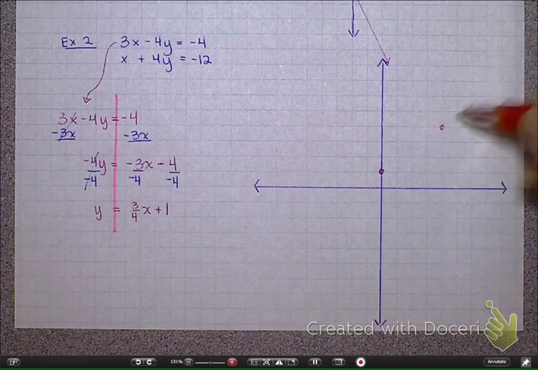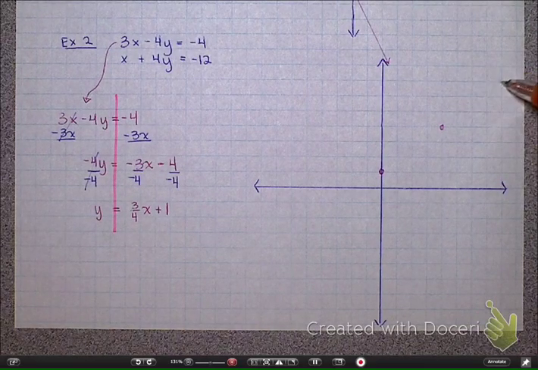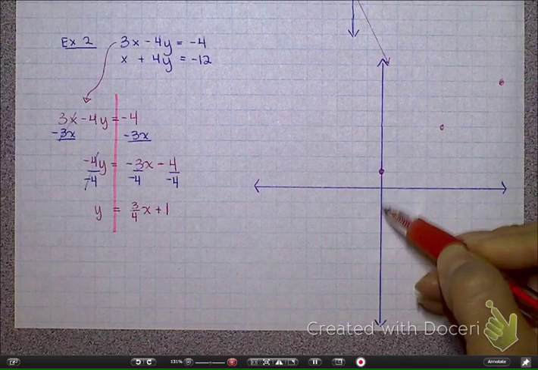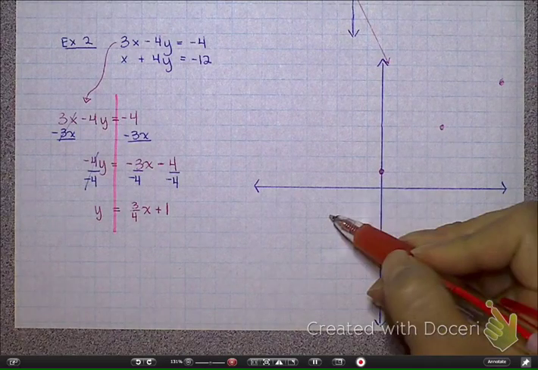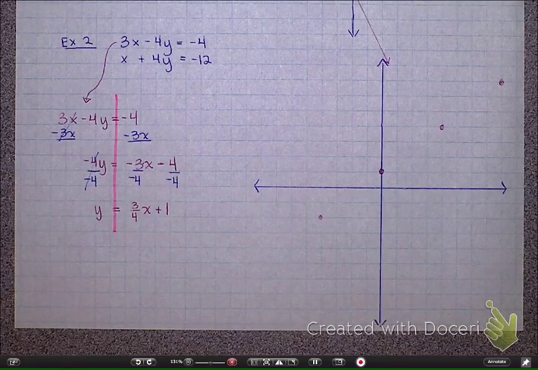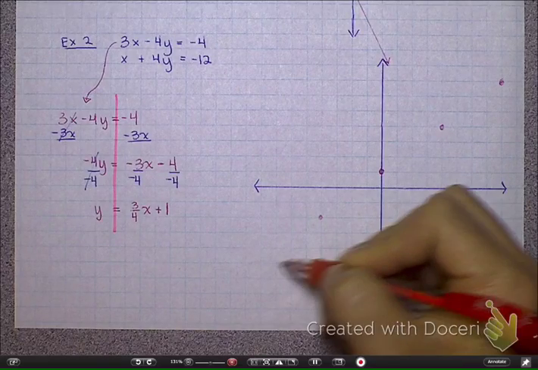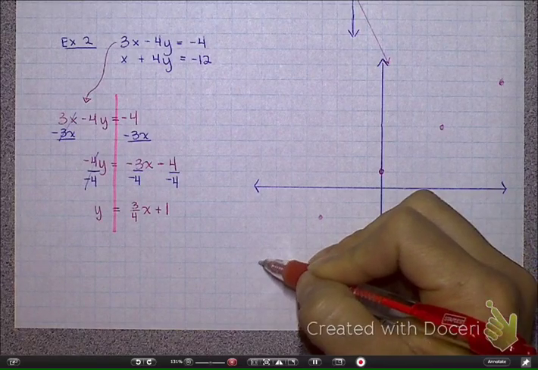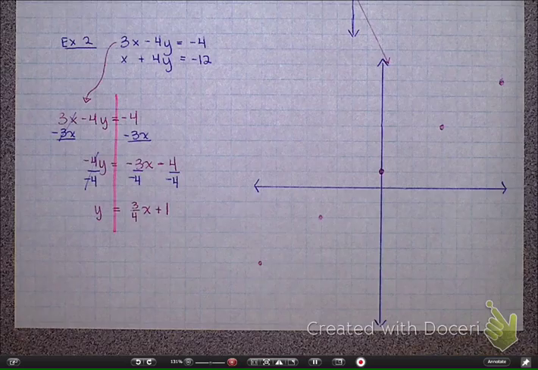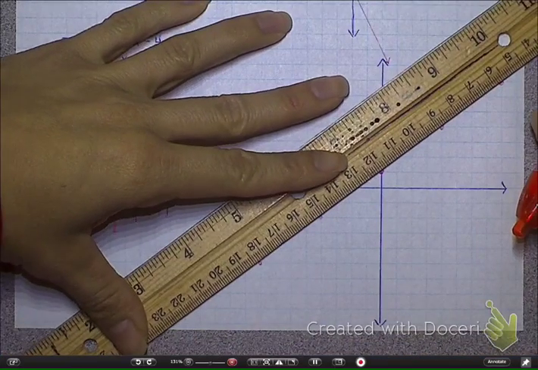You can do that again. You could also go backwards, going down and to the left after you've gone the correct way in the beginning. Does that make sense? Okay. So there's a bunch of points from my slope. Now I can connect them.